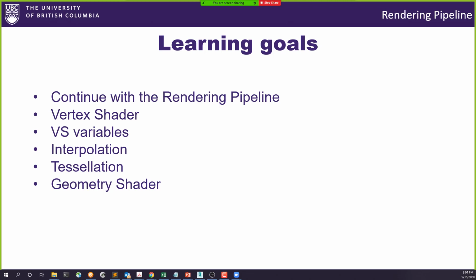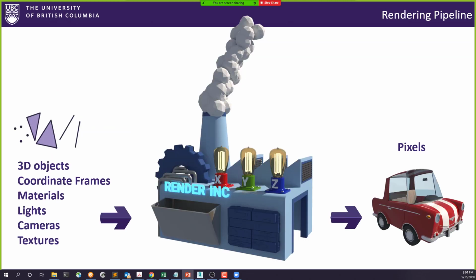Okay, so let's start. We were saying that the rendering process is like a tiny factory, right? And there's a lot of data that we can send to that factory. And in the end, we need to obtain something, right? A 2D pixel image. The data we need to send, we already talked about on the previous lecture, right? So we have primitives: points, triangles, lines. Those are the 3D objects, right? We also have coordinate frames.